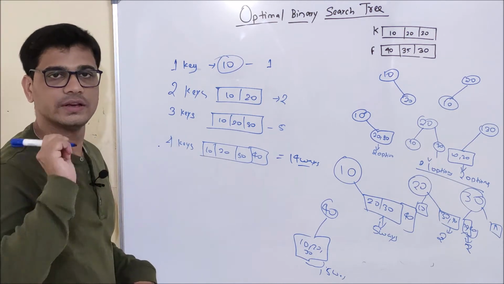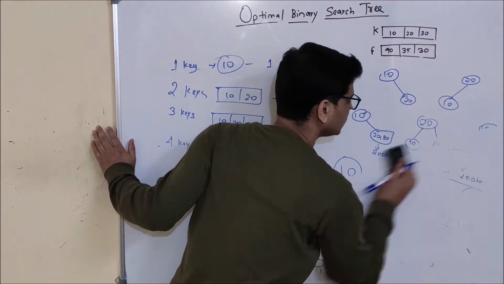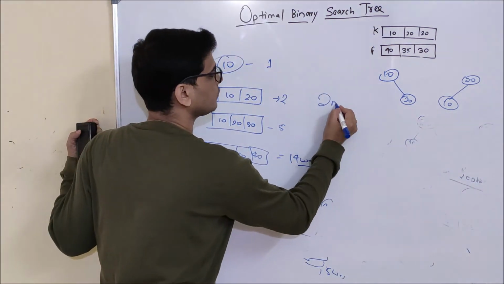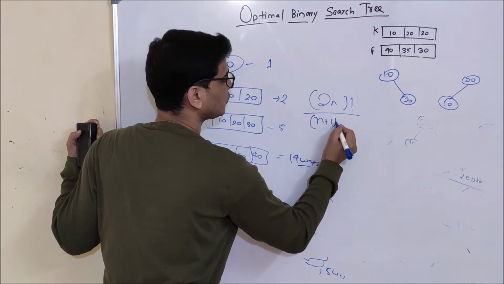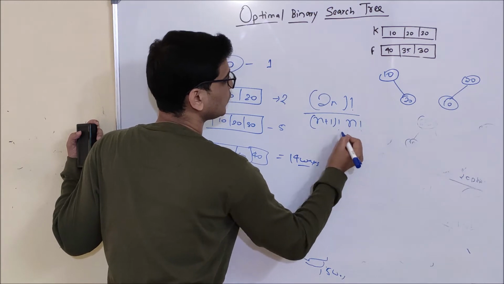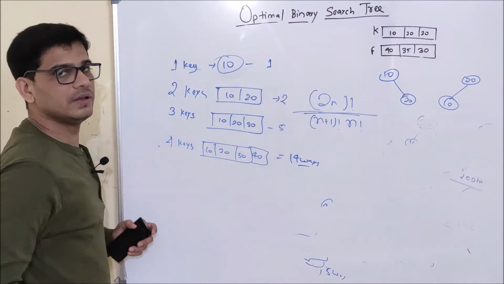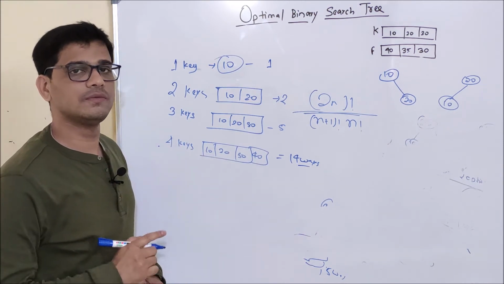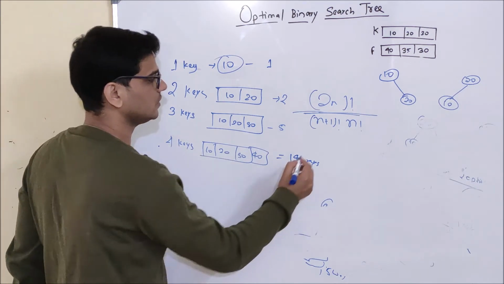So do we have a formula for this? The answer is yes. That formula is 2n factorial divided by (n plus 1) factorial into n factorial. Is this familiar? Yes. We have seen it while solving matrix chain multiplication.